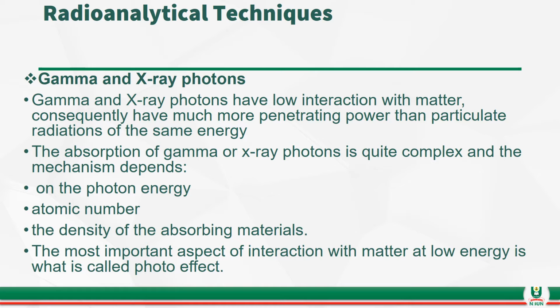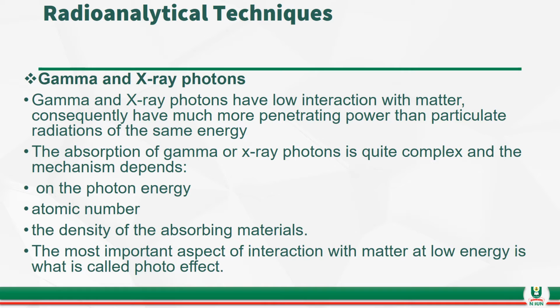Gamma and X-rays. Gamma and X-ray photons have low interaction with matter. As a result of this, they have much more penetrating power than particulate radiations of the same energy.